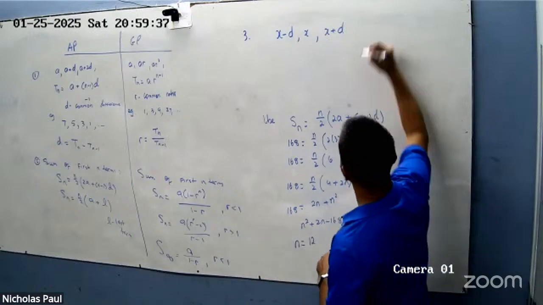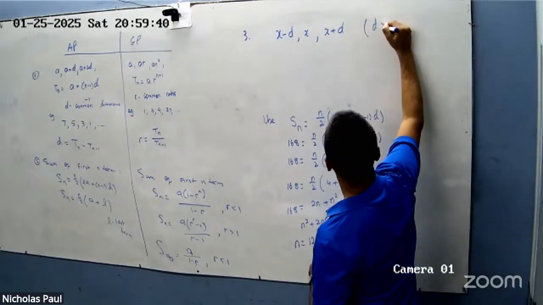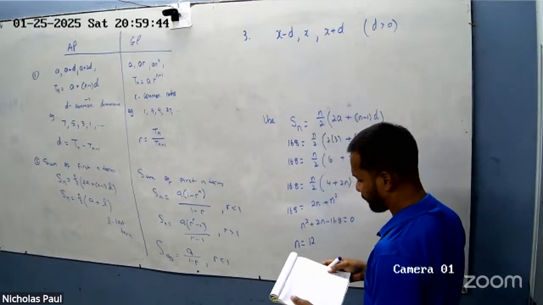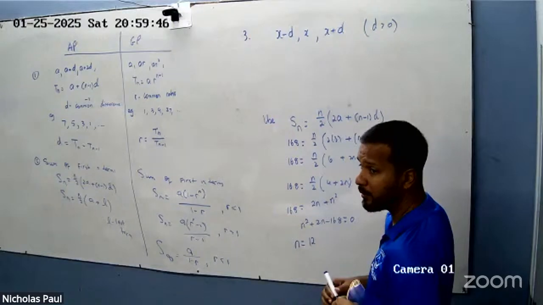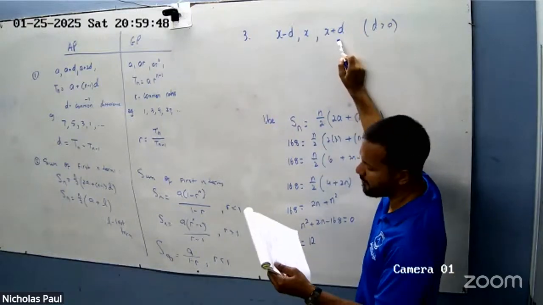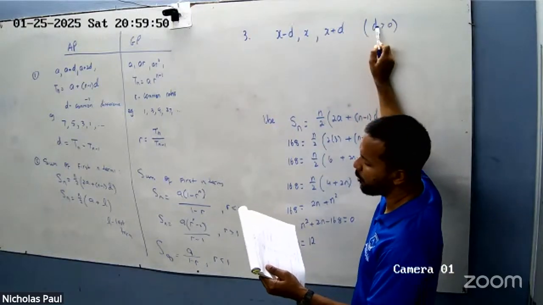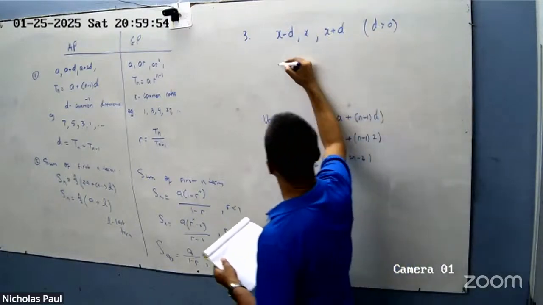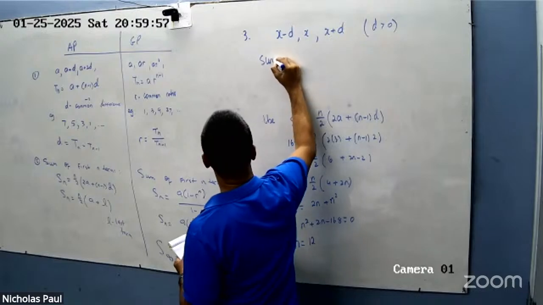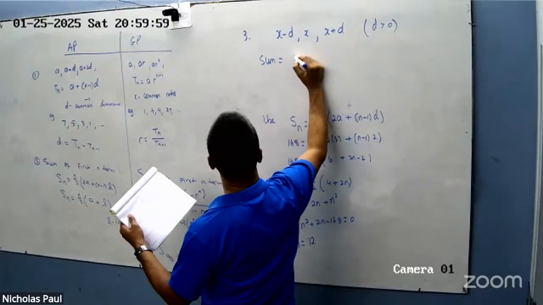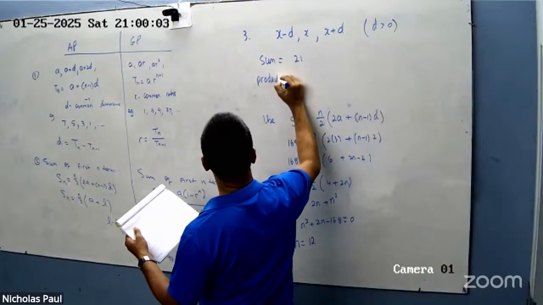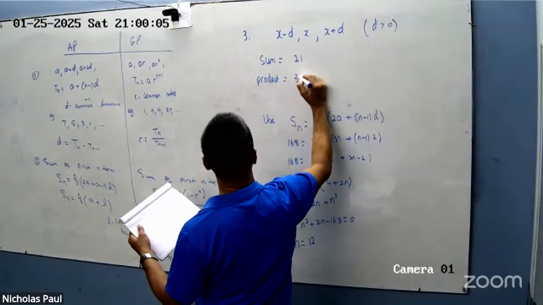They also said note that d is more than 0. So three consecutive terms of an AP, where d is more than 0, have a sum of 21 and a product of 315.